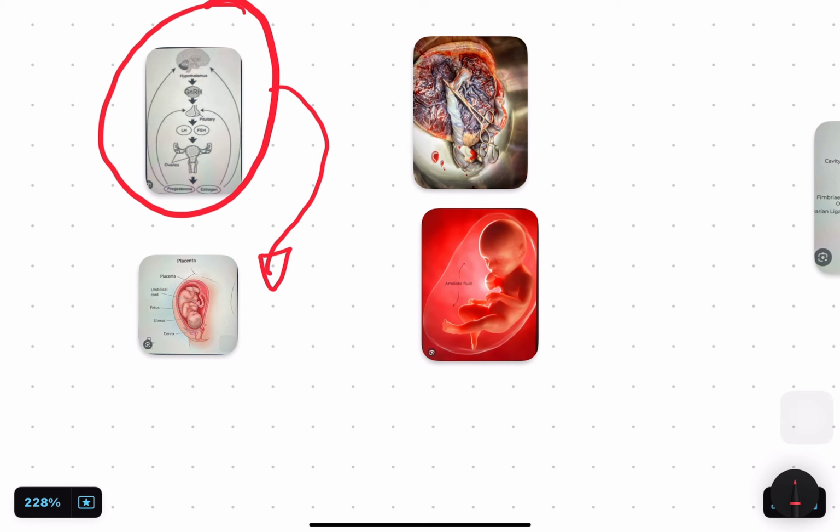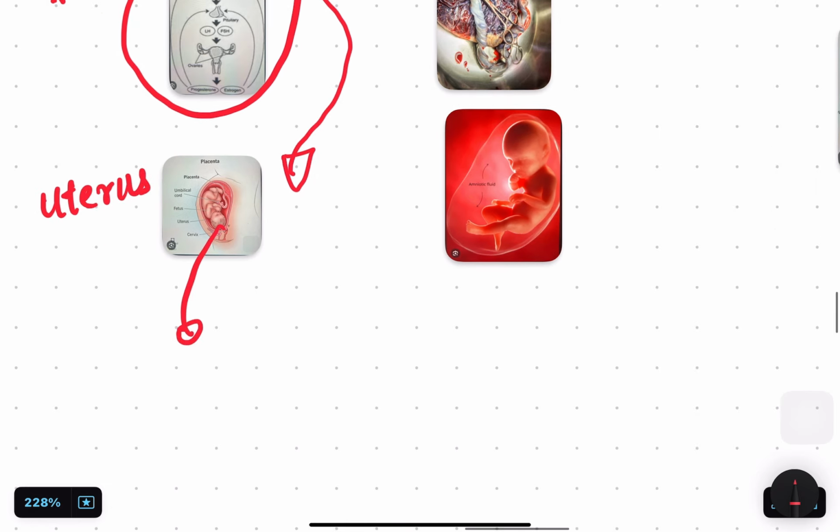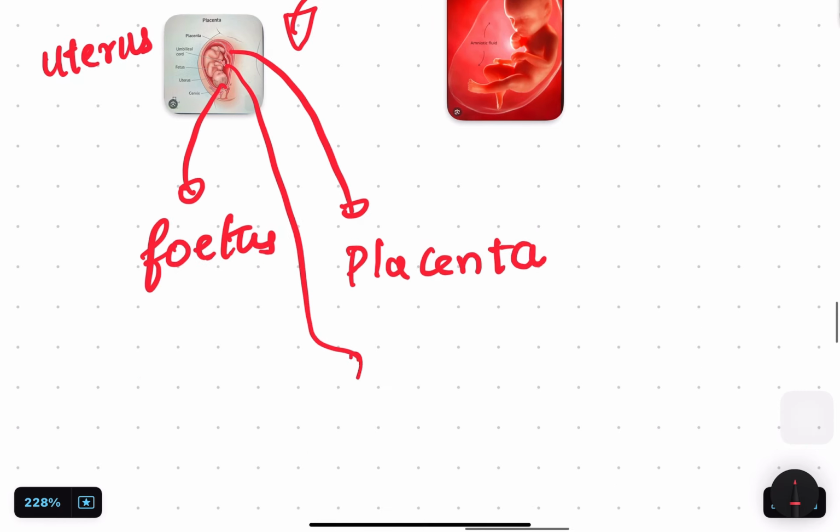So what are the structures now? One is the HPO axis, which we will see. Second one is the uterus. Then what do you think is there in the uterus? Yes, this is the fetus, this is the placenta, and this is the umbilical cord.